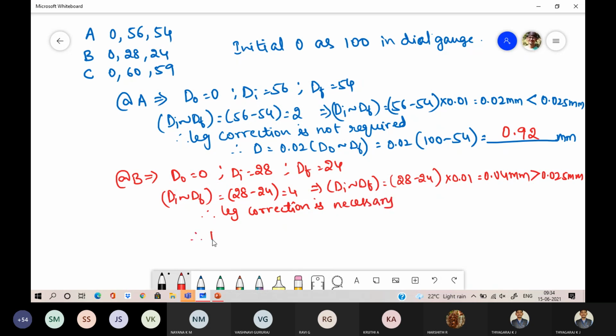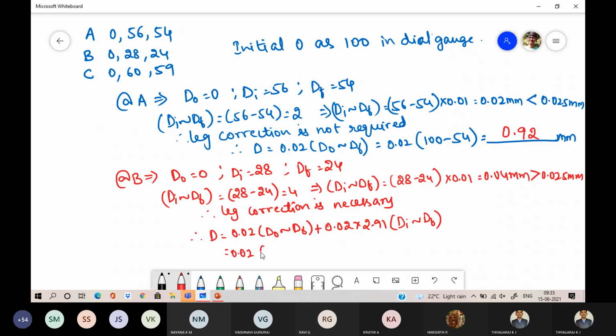So therefore, D is equal to 0.02 D naught difference DF plus 0.02 into 2.91. That is the K value I have directly taken. DI difference DF.